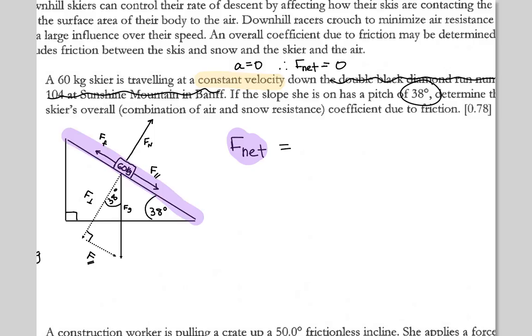Okay. So what are all the forces involved on this slope? I would just put force parallel first because it's the driving force, and then the one that's trying to stop it is the force of friction. You've got the driver and the stopper. And we know from above, constant velocity, F net is 0.